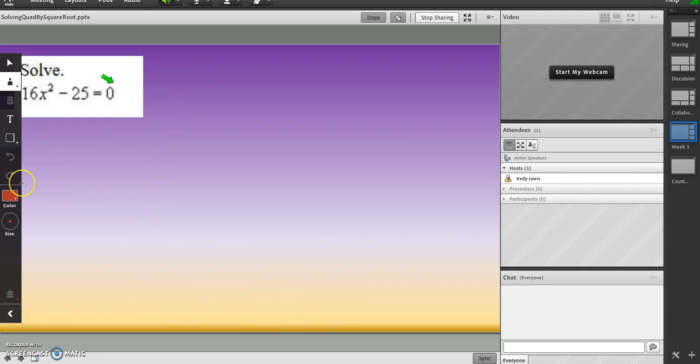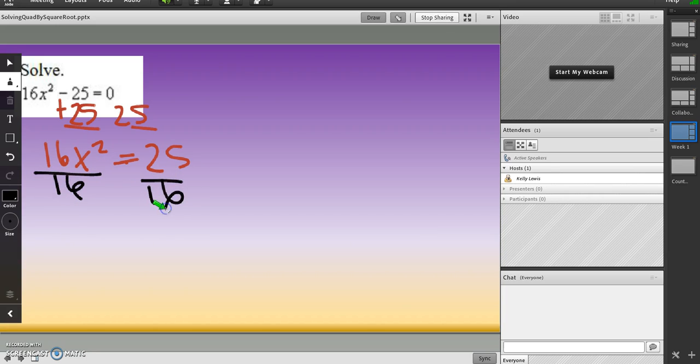All right, let's try this one. Here, let's add 25. So we get 16x squared equals 25. Then that 16 is being multiplied, so we're going to divide by it. So we get x squared equals 25 over 16.